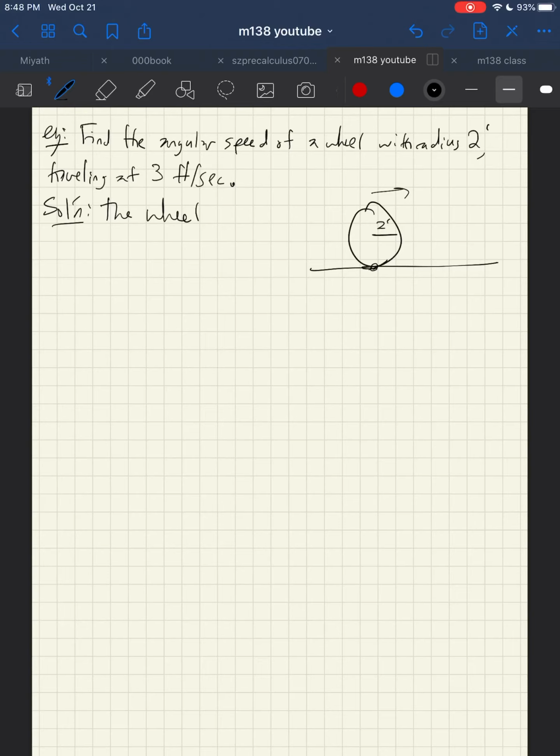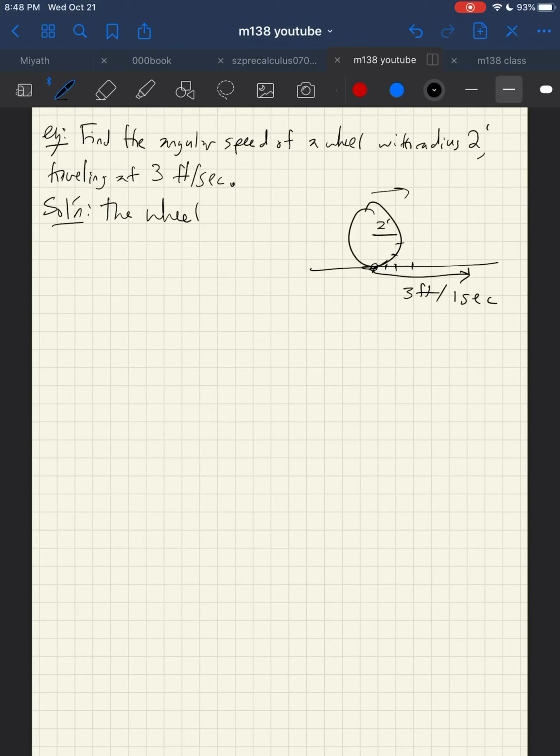This part makes contact here, this part makes contact here, etc. As it rolls through one revolution, how long does that take? So we can figure out how quickly the thing is going. As it goes 3 feet in 1 second, how many angles did it go through? That's what we're trying to get at.